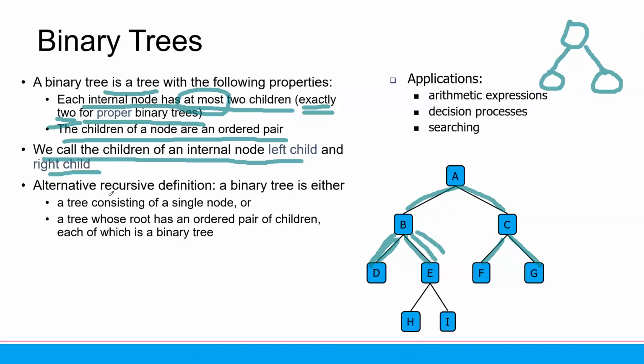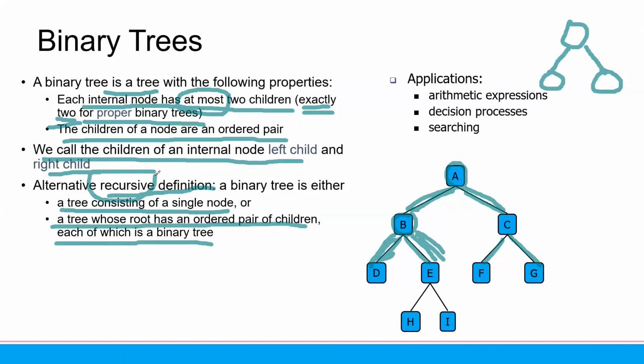There is an alternative recursive definition, okay, whether a tree consisting of a single node or a tree whose root has an ordered pair of children, each of which is a binary tree. So I have a parent with 2 nodes, and again this is a parent with another 2 nodes that can be referred to the recursive.